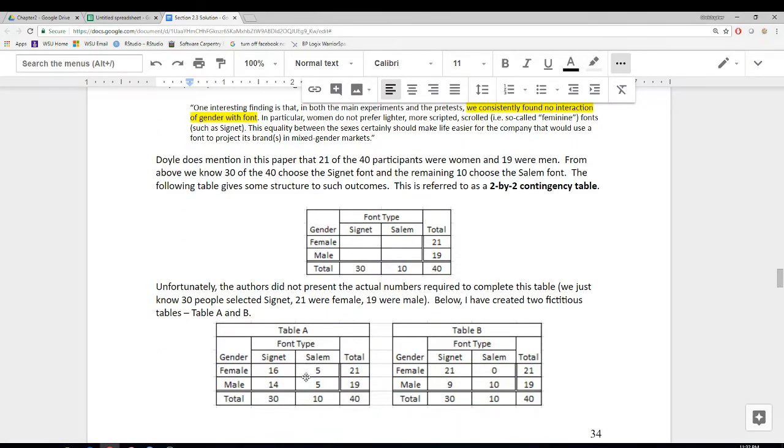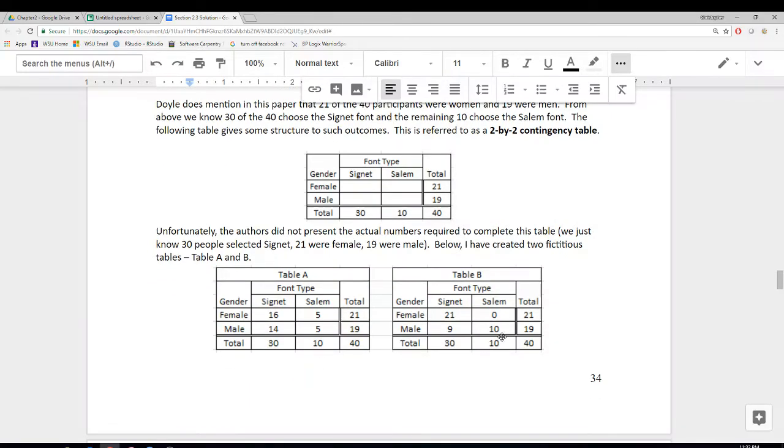And that's going to be advantageous because in a mixed gender market, where both males and females are buying the product, they know that the Signet font is going to be the better font here in Table A. In fact, if it was Table B's situation, they would want to use the Signet font for females, but they'd want to switch to the Salem font for males in trying to sell this product.